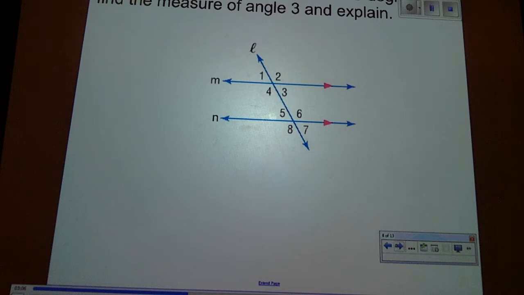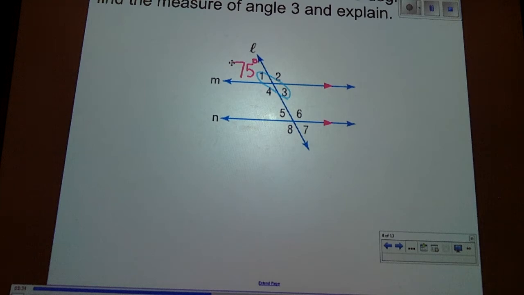Okay, in this example, if the measure of angle 1 is 75 degrees, find the measure of angle 3 and explain. Well, we know that angle 1 is 75 degrees, and 1 and 3 are called vertical angles. So we know vertical angles are congruent, so if angle 1 is 75 degrees, angle 3 is also going to be 75 degrees.